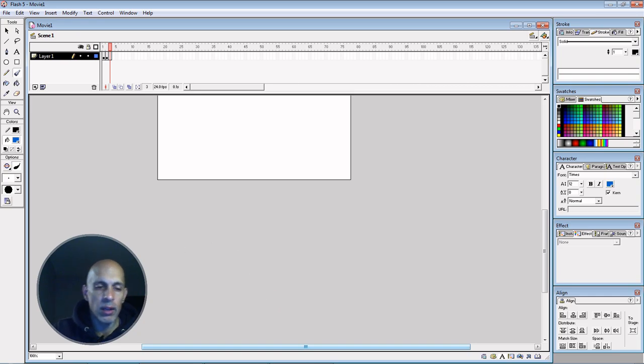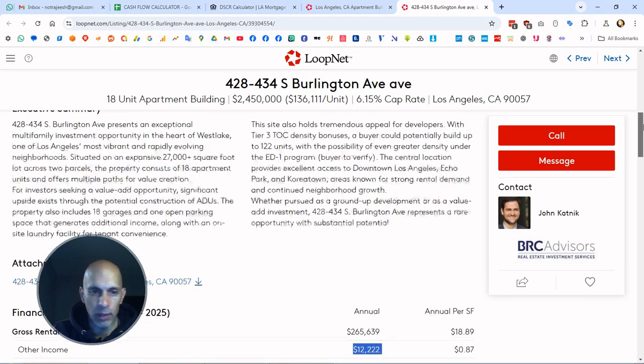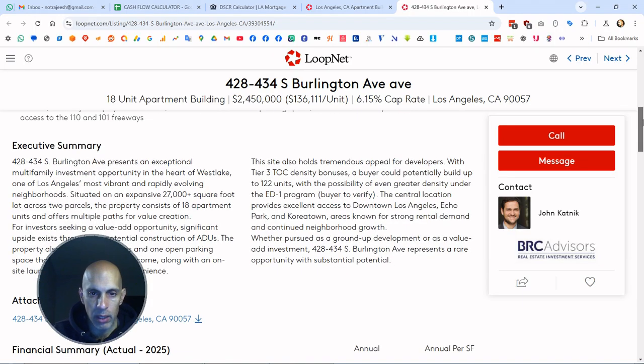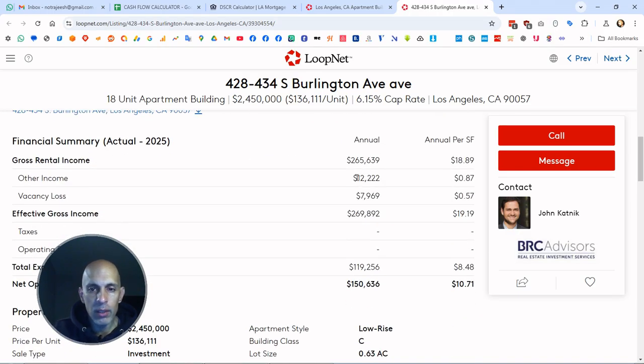Now let's look at our gross rents. Do they even mention a gross rent multiplier here? Potentially build up to 122 units. Okay, so we are looking at this one minus the vacancy loss.